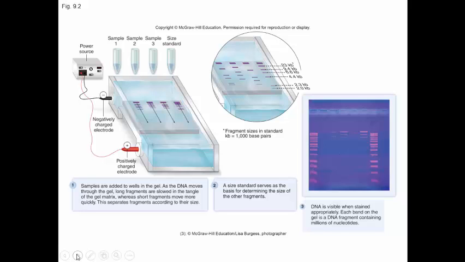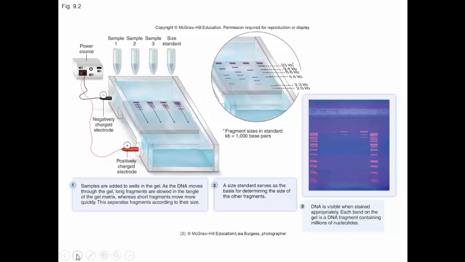To tell what you have, notice there's something called a size standard. These are commercially available pieces of DNA of different lengths. Kilobases, KB, means thousands of bases, so KB is 1,000 base pairs. You've got some that are only about 2,000 bases long, others that are 23,000 bases long. You put the size standard in one of the rows and your samples in the other rows, and then you run the electricity from negative to positive, which pushes the DNA through.